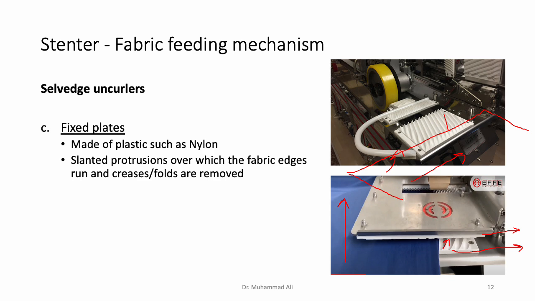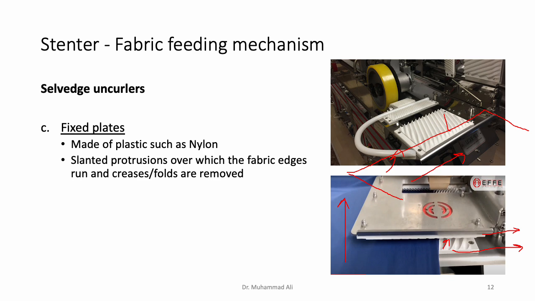It's just that the selection of the type of selvage uncurler depends on the type of the fabric. If you are processing very heavy fabric, then you will prefer to use the mechanical selvage uncurlers because those have motor driven spindles, and thus they are very effective in removal of creases.